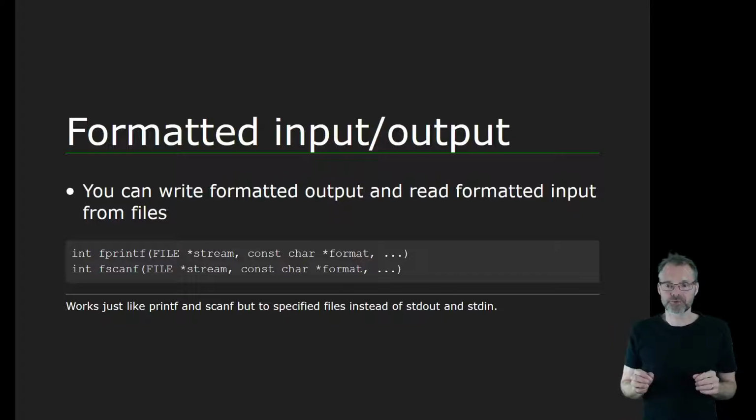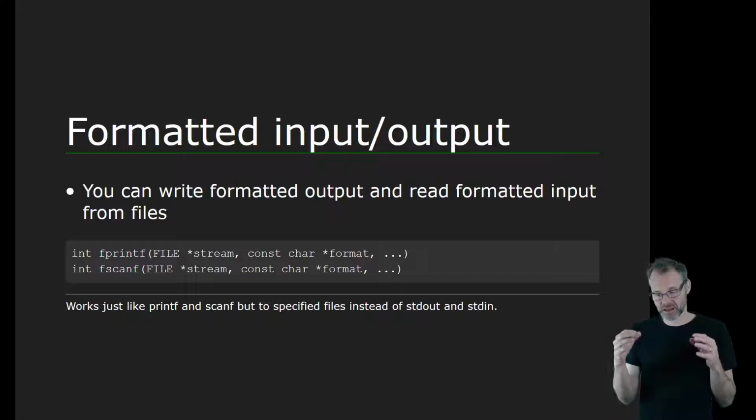Formatted input and output. We all know about printf and scanf. I guess those are the two functions that you use when you are first becoming a C programmer. And then we have the fprintf and fscanf versions of them, where we can pinpoint what stream we want to write to.